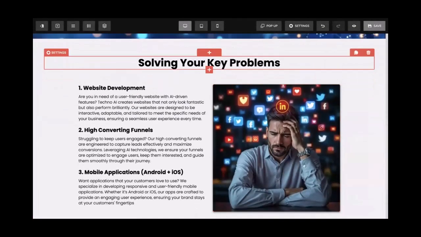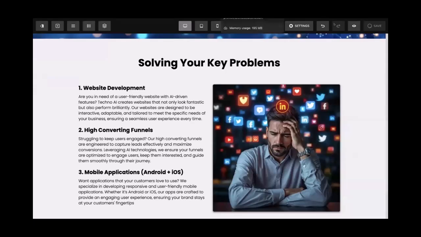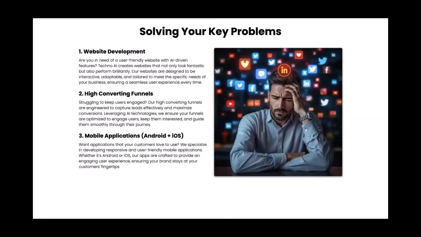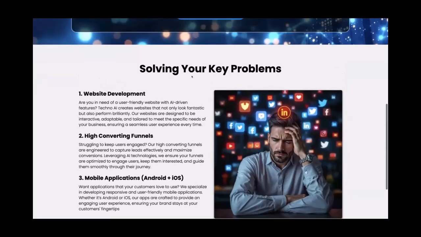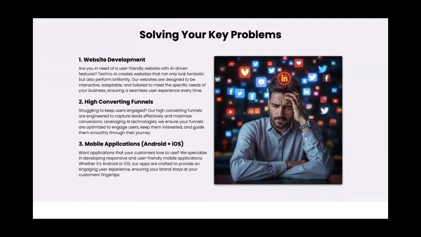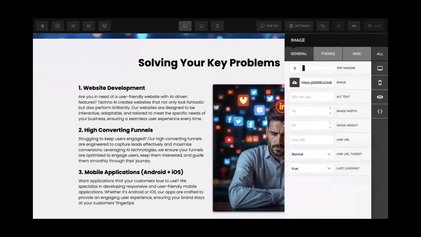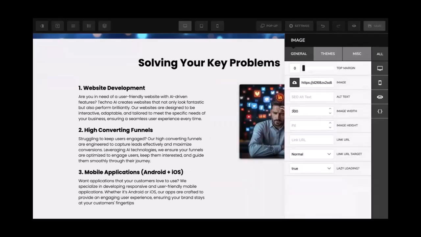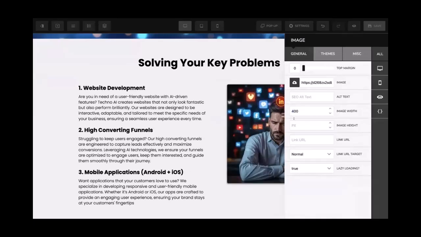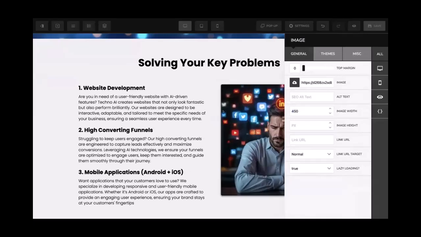Okay, perfect. Let's save it and see how it looks. Okay, I think it looks a bit better, but if you think the image is taking too much of the area, we can click on that image and, you see image width in pixels, just give it whatever size you would like to add. So let's say I'm going to add 400 or 450.